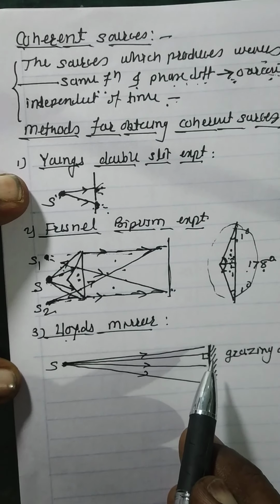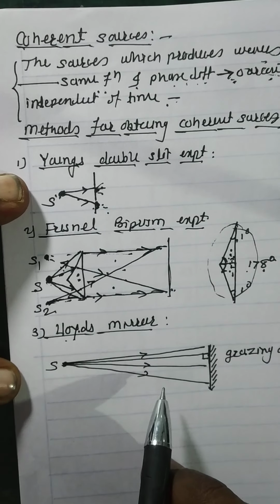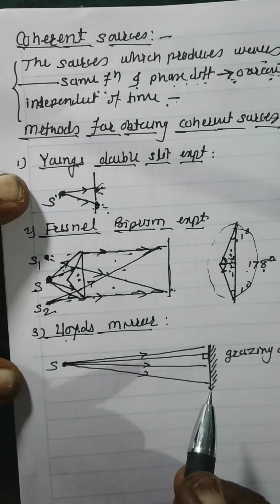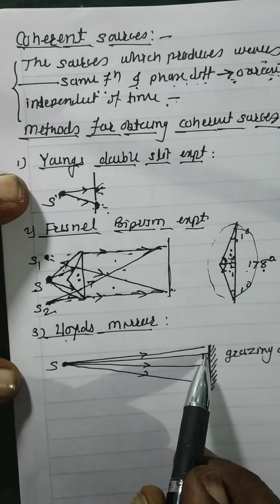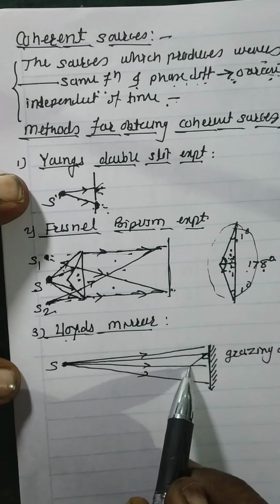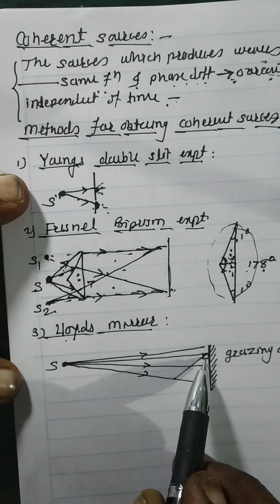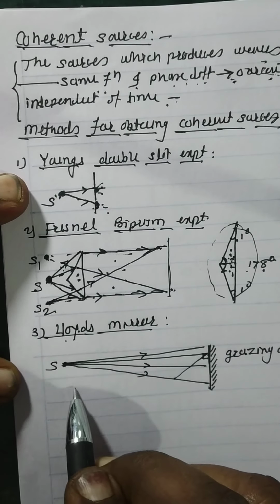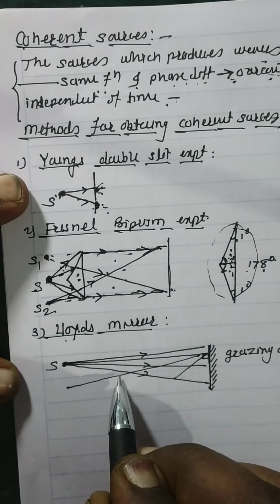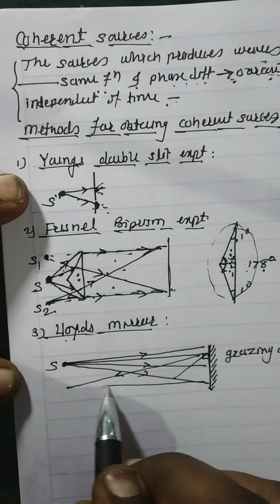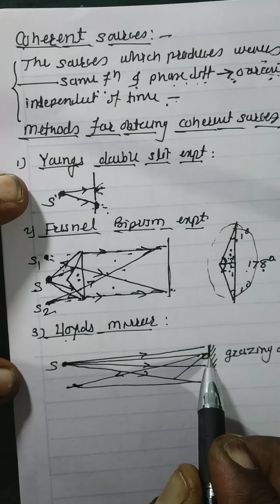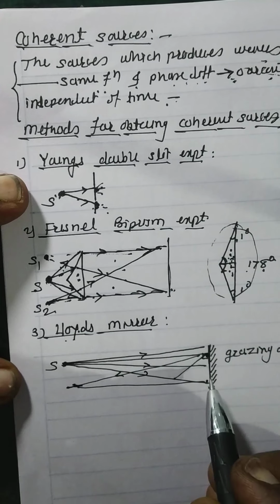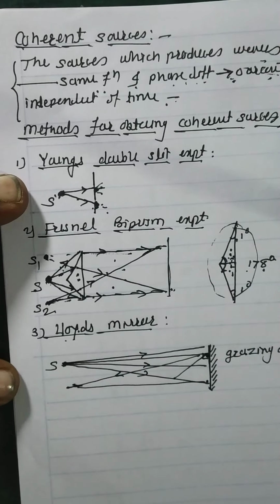The reflected light appears to come from two virtual sources. The reflected light, like this, appears to come from two different sources. These two sources act as coherent sources.